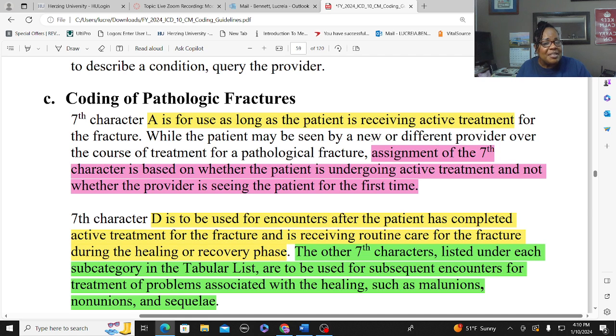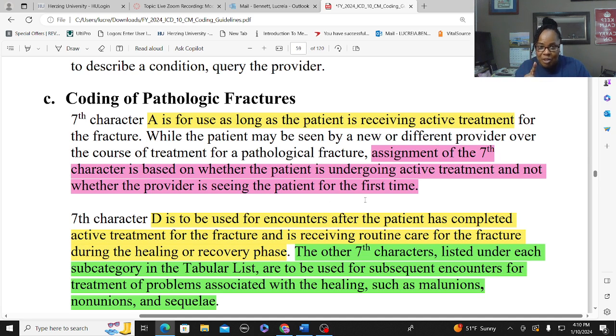While the patient may be seen by a new or a different provider over the course of treatment for a pathological fracture, assignment of the seventh character is based on whether the patient is undergoing active treatment and not whether the provider is seeing the patient for the first time.